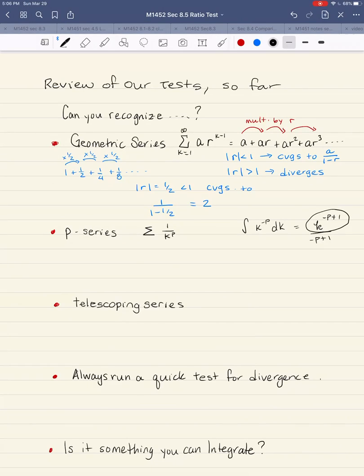And in order for this to converge, we needed this term to go to 0.